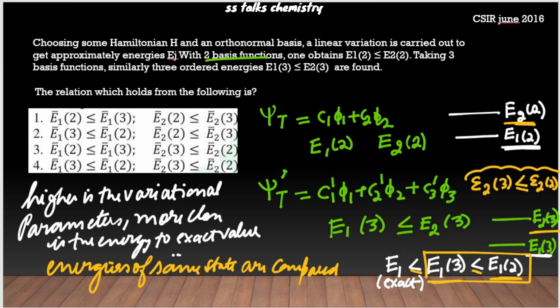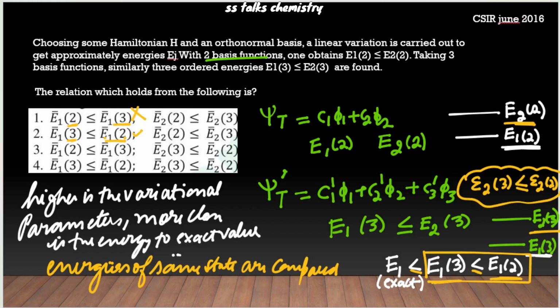This is the second relationship that will hold. The first option says E1 with two basis functions is smaller and with three basis functions is more. This is incorrect. Next, for the two basis functions the energy is more as compared to the three basis functions.